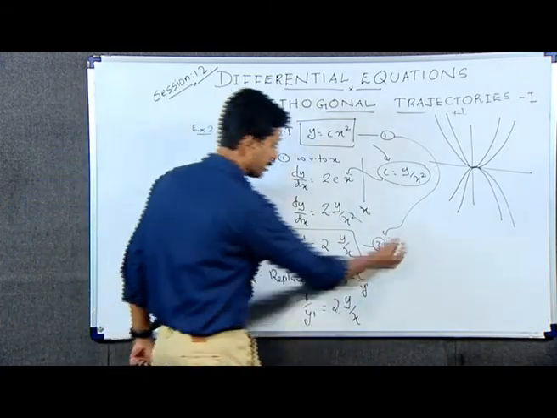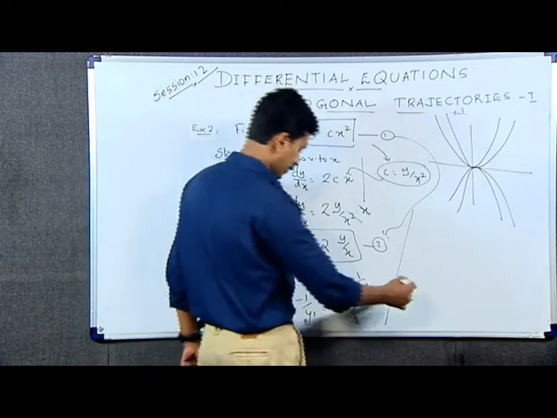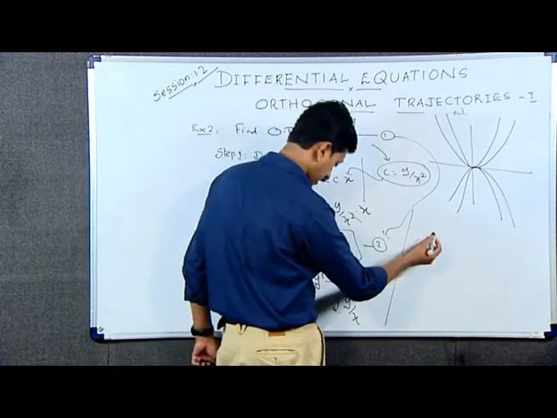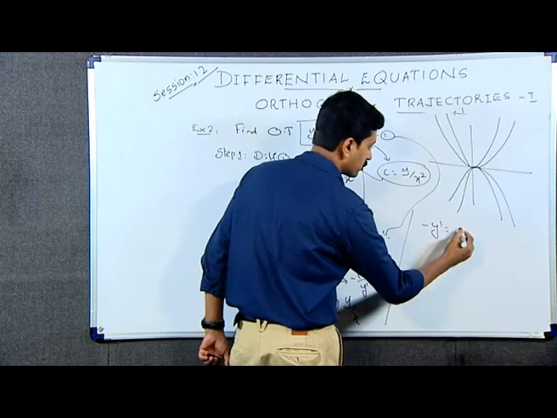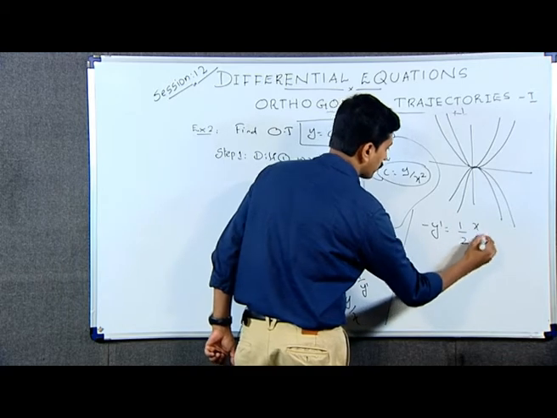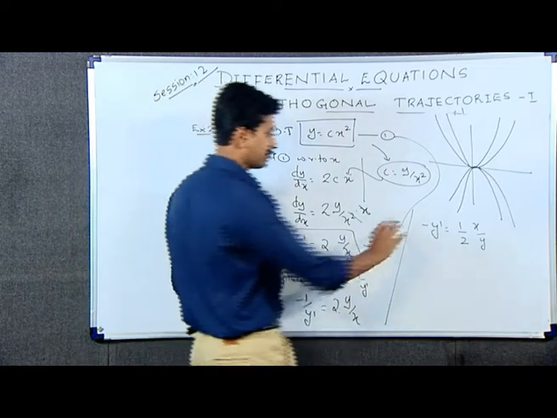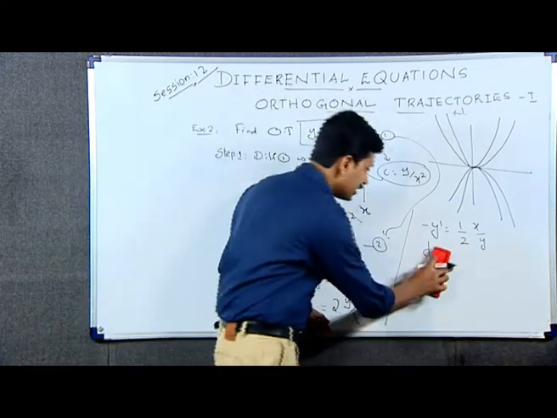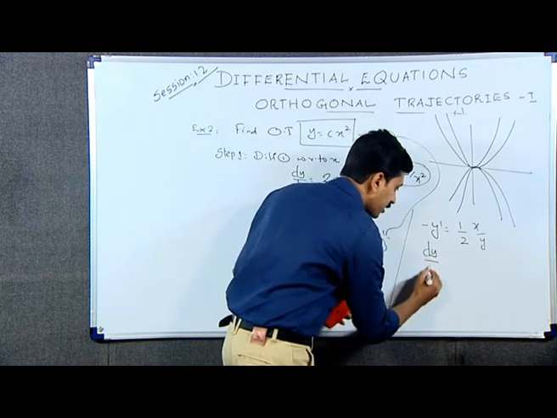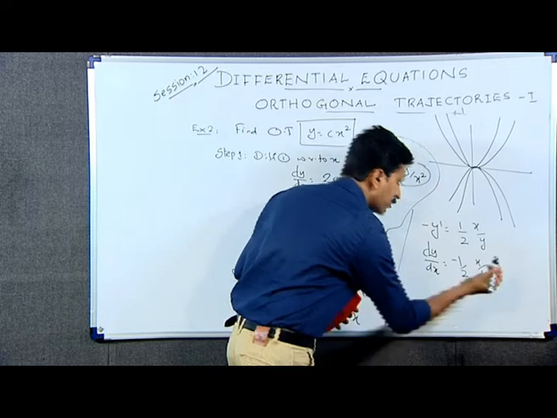So, we can write this as minus 1 by y dash, and we can take the reciprocal on both sides. So, we will have minus y dash is equal to 1 by 2 x by y. Writing y dash as dy by dx, dy by dx is equal to minus 1 by 2 x by y.